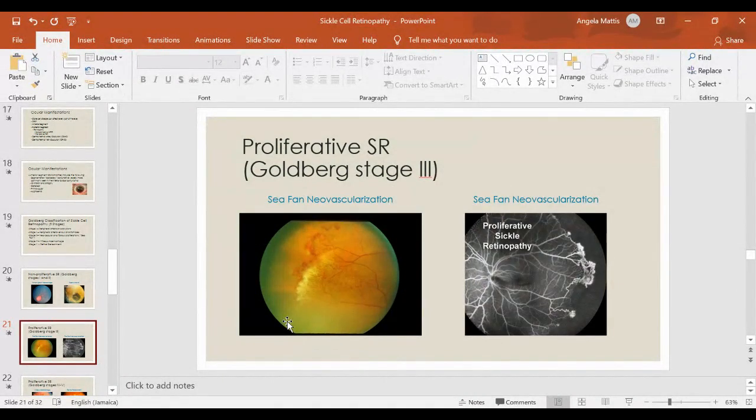Okay, so what happens here? This new vessel formation occurs at the junction of the vascular and avascular retina. And as I said, it resembles a fan. Initially, this CFAN can be fed by a single arteriole and draining vessel.